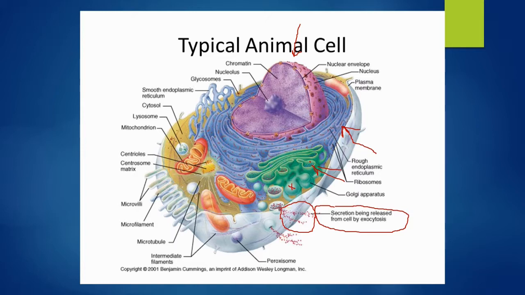And then messenger RNA is translated into a protein product in the rough endoplasmic reticulum on the ribosomes, these little studded structures here on the endoplasmic reticulum. And then those protein products, those collagen fibril subunits, are going to be deposited in the Golgi apparatus and then exported by exocytosis. So we're going to see some of that taking place in tendon cells.